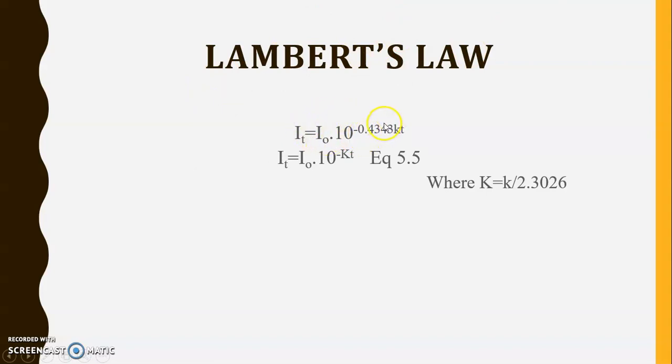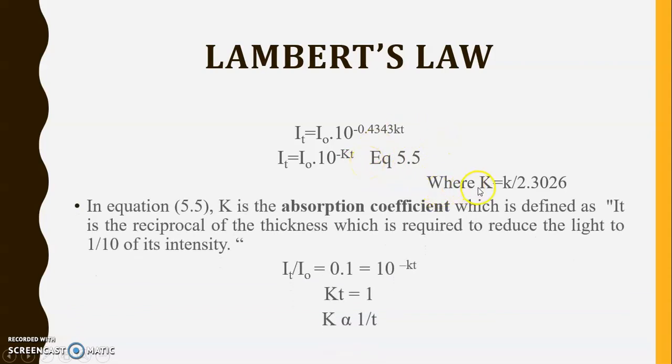Here we have converted the above equation into the common logarithmic form. Further, on simplification, instead of 0.43 k, we put capital K. So the equation becomes It equals I0 into 10 raised to minus capital K t. This is considered as equation 5.5, where K equals k upon 2.3026. This is the proportionality constant.